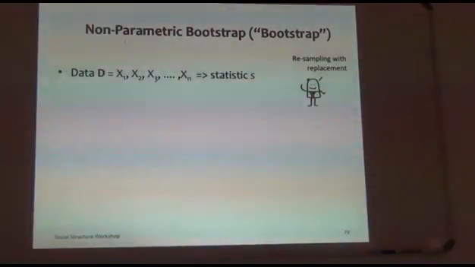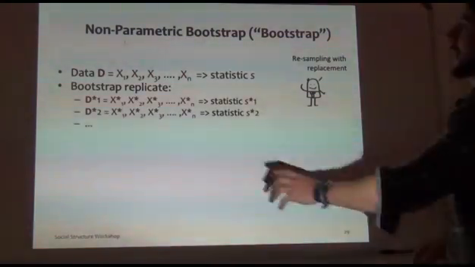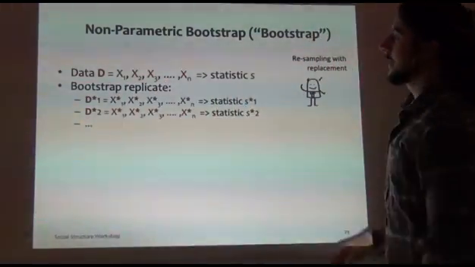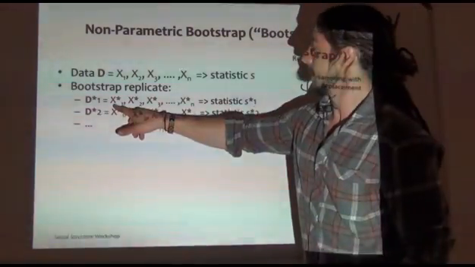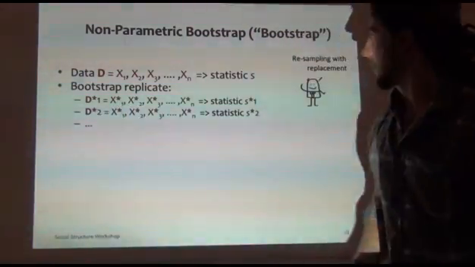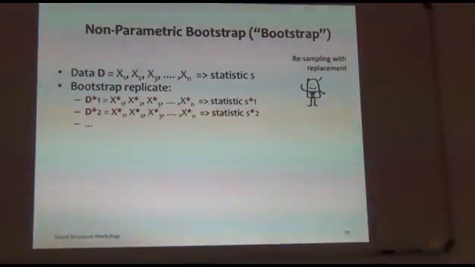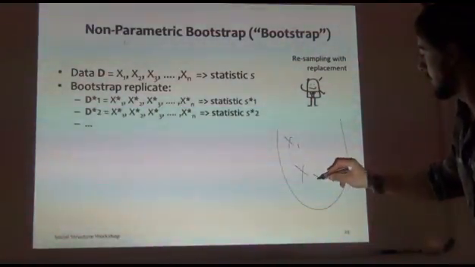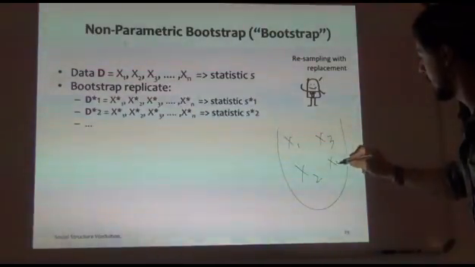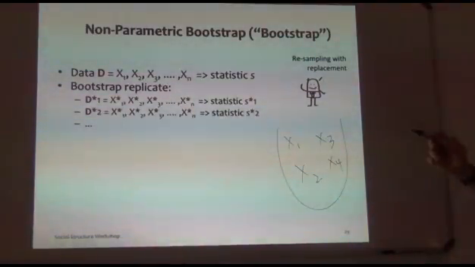So let's see, we have a bag here, and we have x1, x2, x3, x4. Those are our samples of whatever it is, say the weight of an individual. Then you calculate the statistic, let's say it's our mean, which is 10.